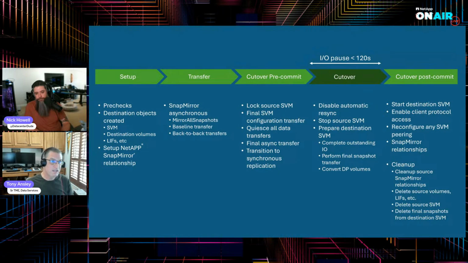So there is a phase where we go into a synchronous mode so that as we're transitioning from the old site to the new, we can better control the I/O coming in from the client. We can quiesce and flush the queues properly, so that when we release the I/O to the client, there aren't any in-flight packets or blocks that we didn't take care of.